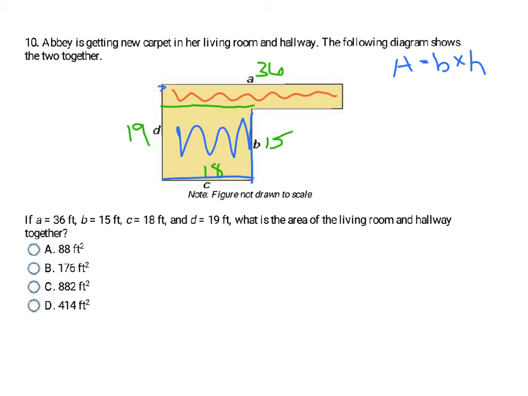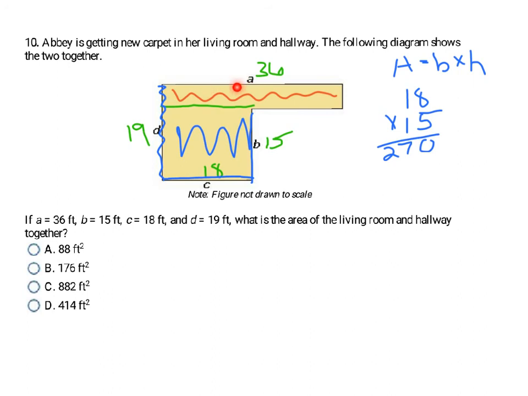The 19 would be wrong to use because it would include the side of both rectangles. So I'm going to take base times height, so 18 times 15. And when I do that, you're going to get 270. And so that means this part of her living room is 270 feet squared.